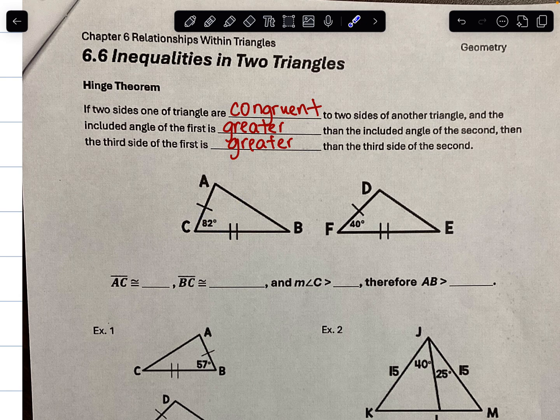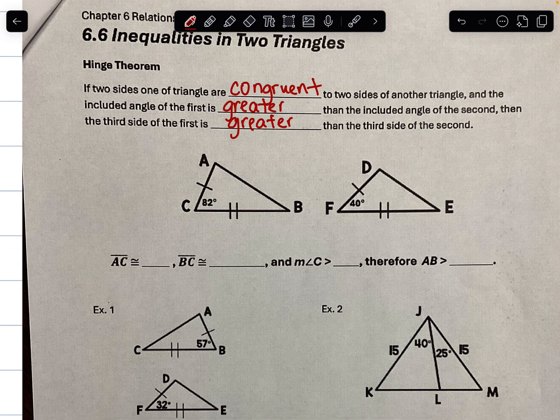Okay, so we know that AC is congruent to what side on the second triangle? DF. We also know that BC is congruent to what side? EF or FE.